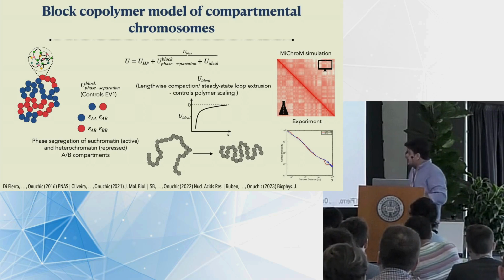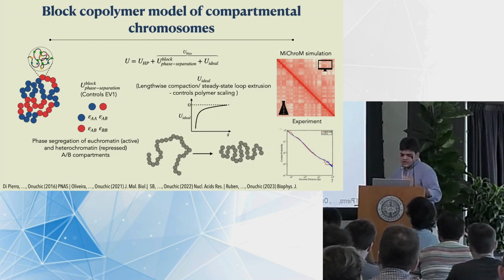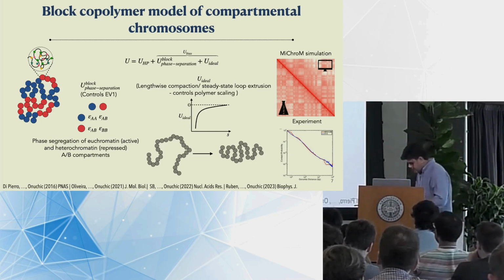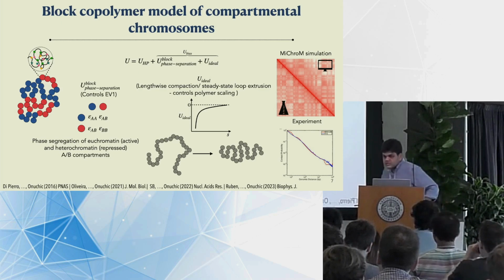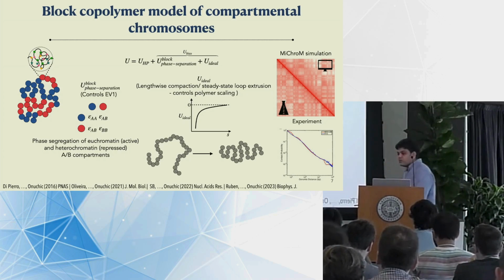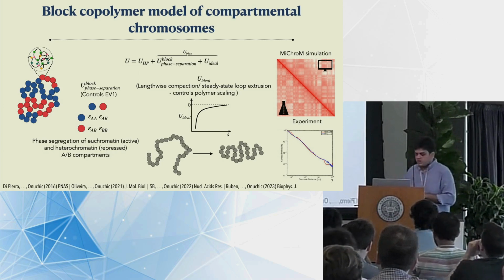And this is again work that has been built over multiple years by multiple people. So the basic idea is that chromosomes can be thought of as a block copolymer, and there is an underlying energy function or potential with which we can simulate a chromosome.